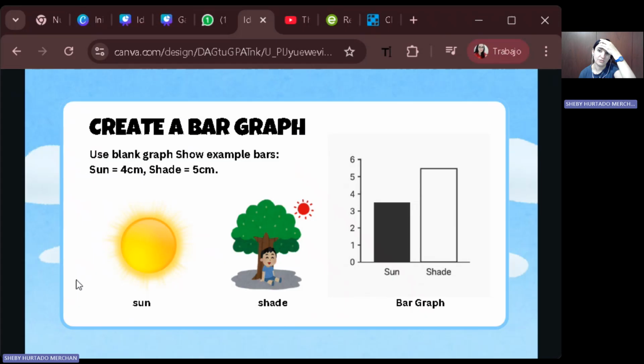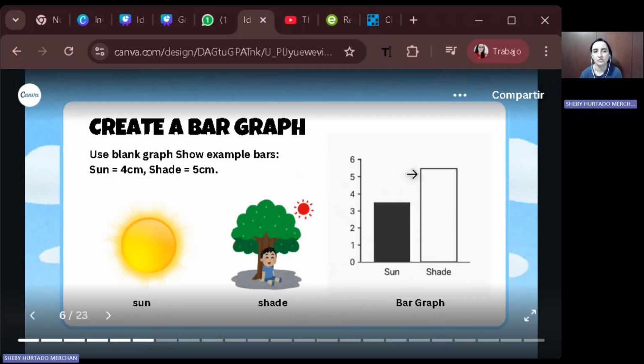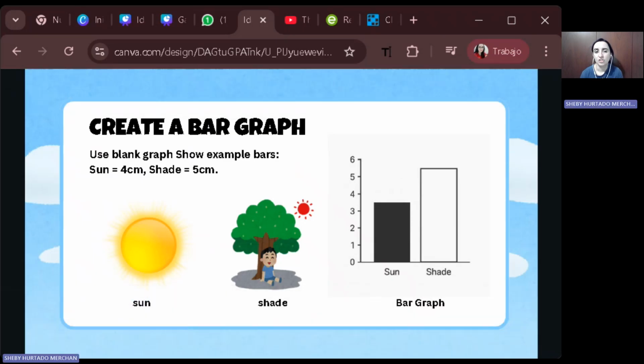Example: bars of 4 centimeters and shade 5 centimeters. Then share your results. In the sun, it was 10 centimeters, for example. Say your sentence aloud or type it in the chat. Post it in the chat.